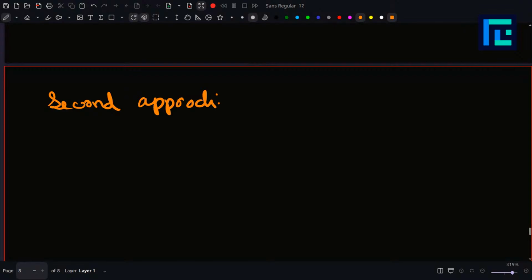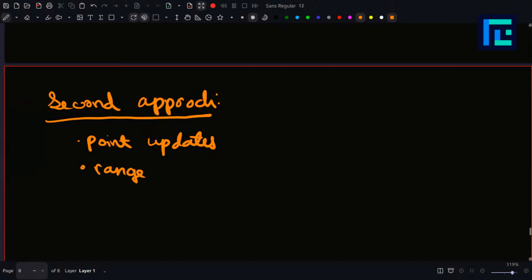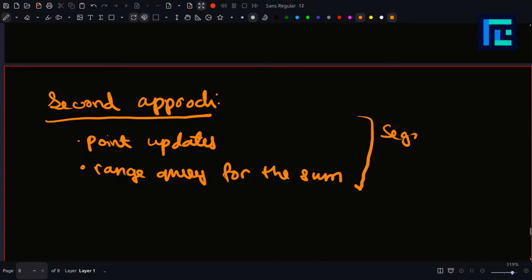basically some data structure to handle queries, okay? Any data structure which does point updates and range query for the sum. If you have some data structure which does these two operations, it can be a segment tree, it can be a binary index tree, etc. All those data structures.